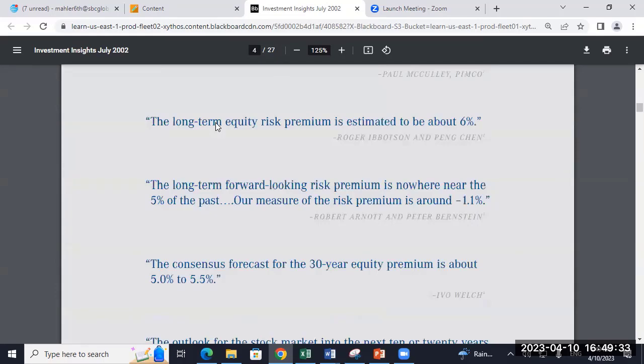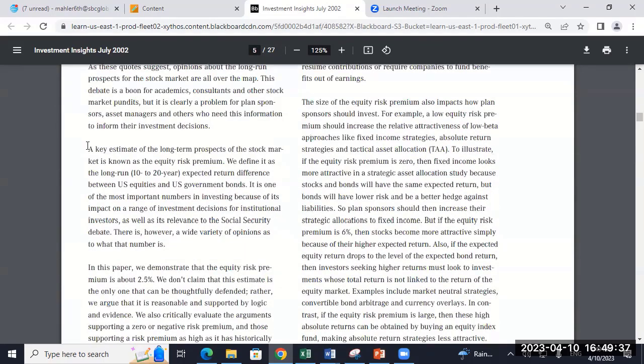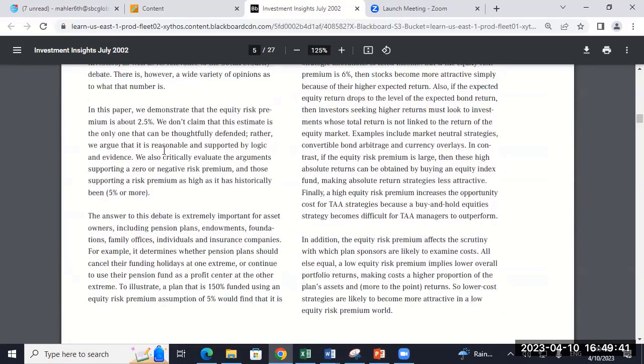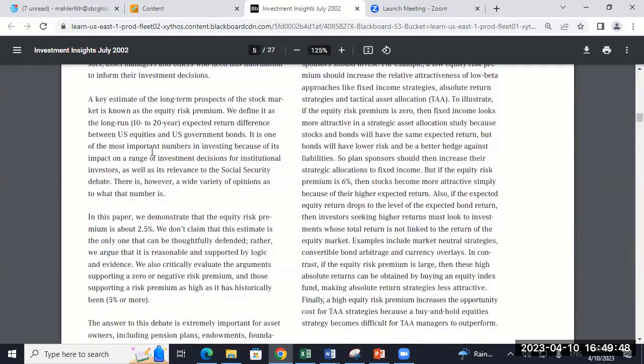And you'll notice in here, they refer to this number, and I forget where, I think they call it the most important number in finance. I can't remember. You'll see it either as the most important number in finance or the most important number in investing. So I don't know which they use in this paper.